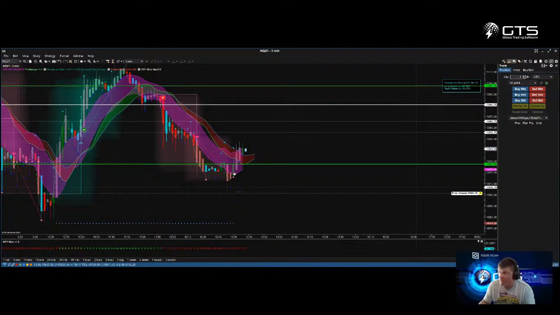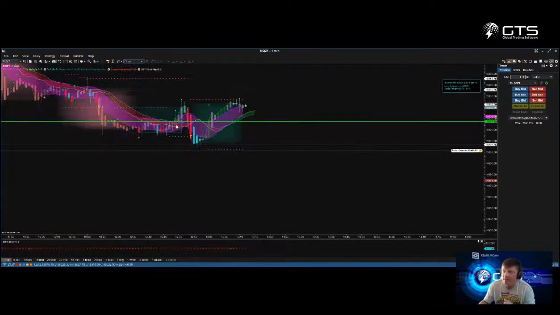Okay. So the bounce, let's look at this bounce right here. We have one higher than average volume candle, one higher than average accumulation candle that ended up rejecting. Let's go to the 1 minute.